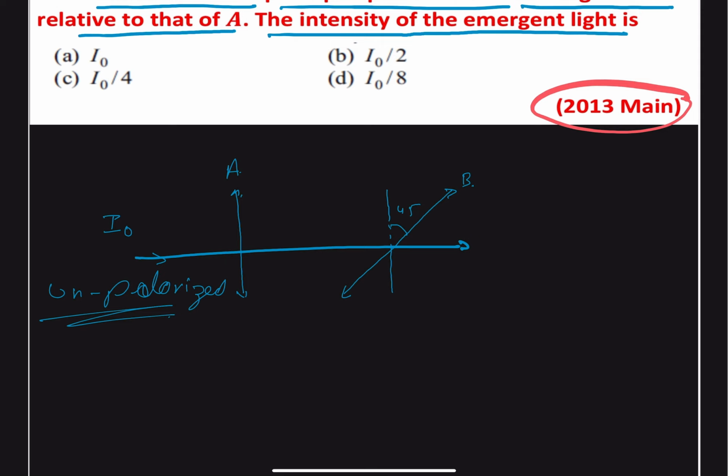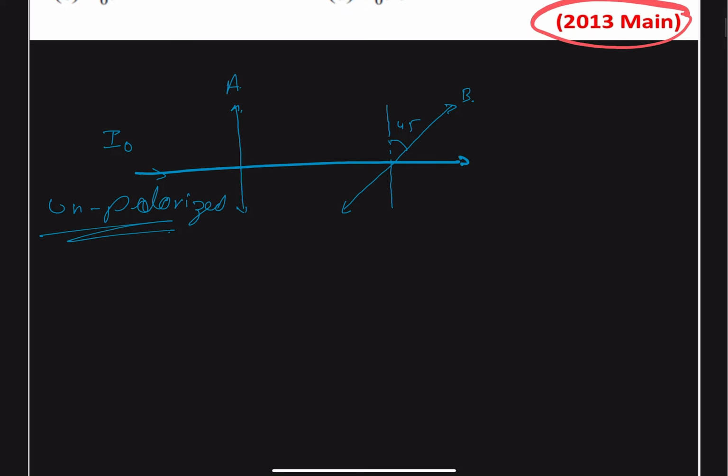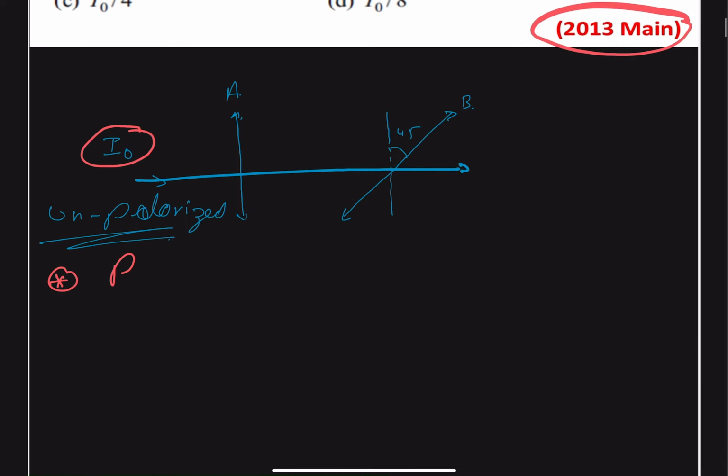So first let us discuss how polaroid A is going to affect this I naught intensity.